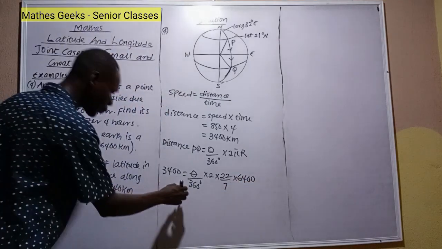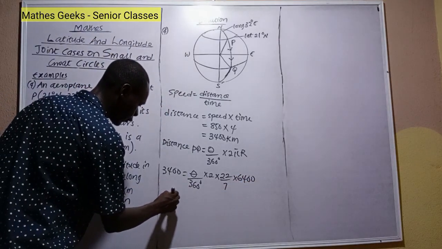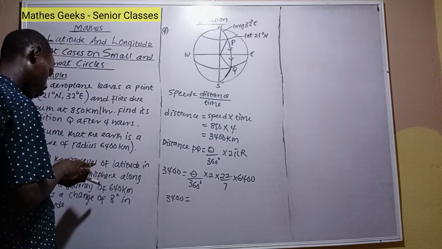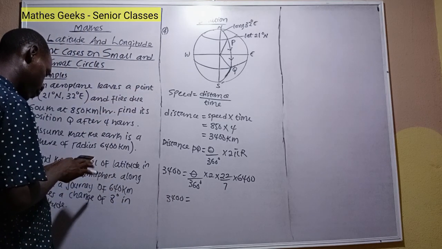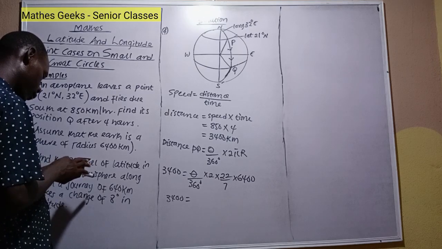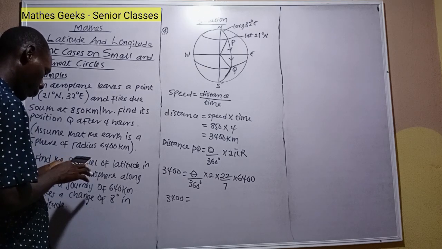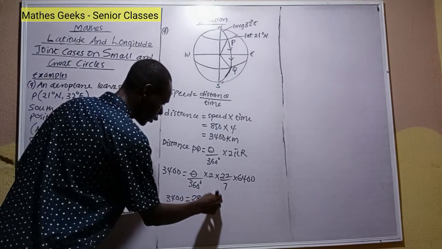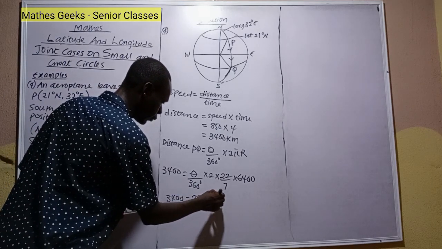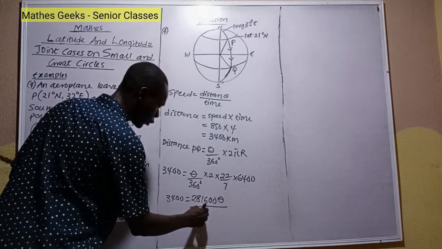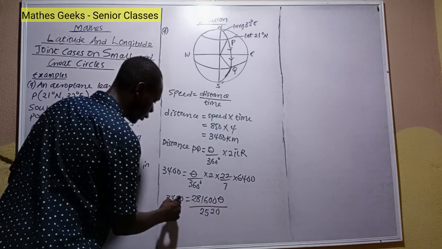So 3,400 is equal to 2 times 22 times 6,400, which is 281,600, times theta, over 360 degrees times 7, which is 2,520.